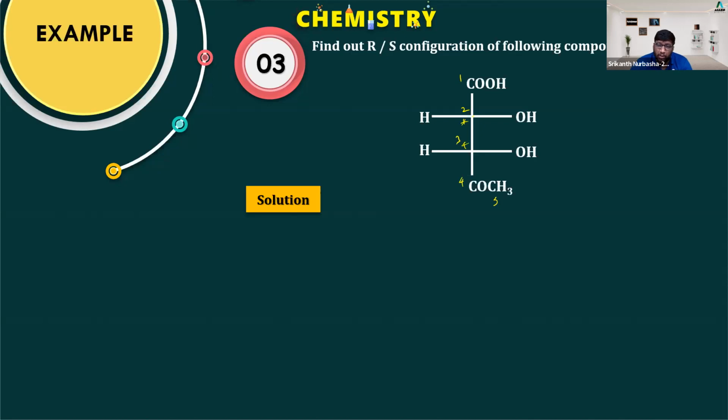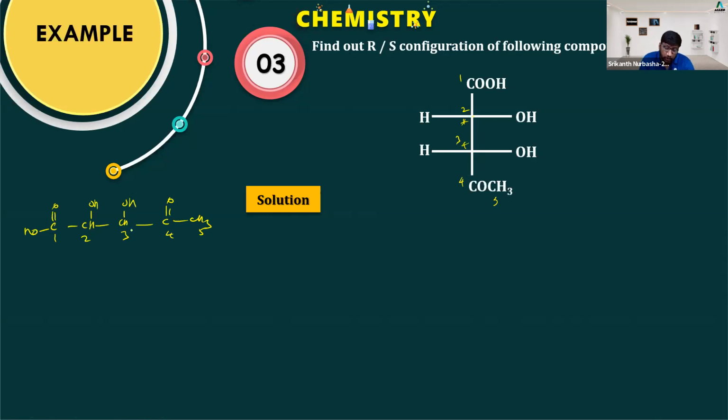Try to give the name of this compound, all of you. What is the IUPAC name? C double bond O with OH, CHOH, CHOH, C double bond O, CH3. Numbering 1, 2, 3, 4, 5. So what should be the name?